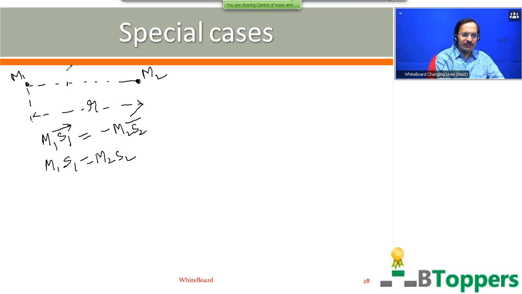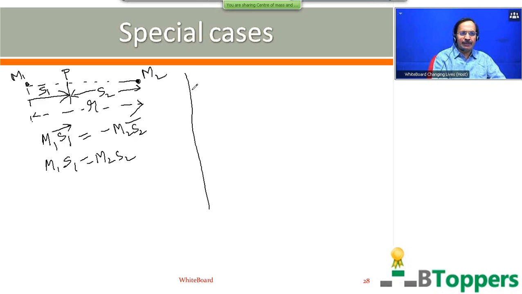Let us suppose the two particles collide with each other at the point P. That means S1 is the distance moved by the first particle before the collision with the second particle, and S2 is the distance moved by the second particle before the collision with the first particle at the point P.